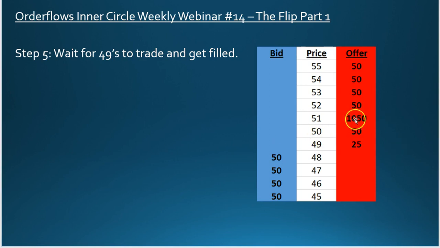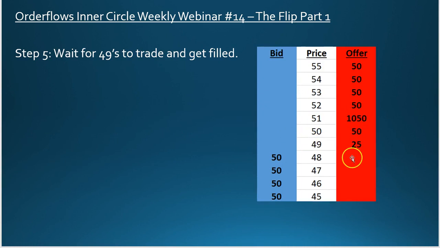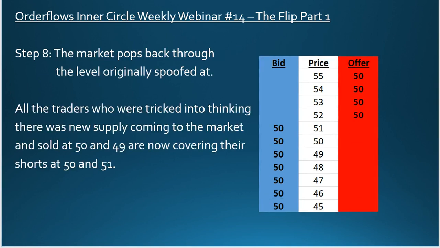You don't have this offer to lean on anymore, so you got to cover it back. How often have you seen size come in, the market push lower, that gets pulled, and all of a sudden, next thing you know, you're trading 54, 55? That's why I say it still happens to a certain extent, maybe not to the extent of the Flipper or Navinder, but I do think it still happens.